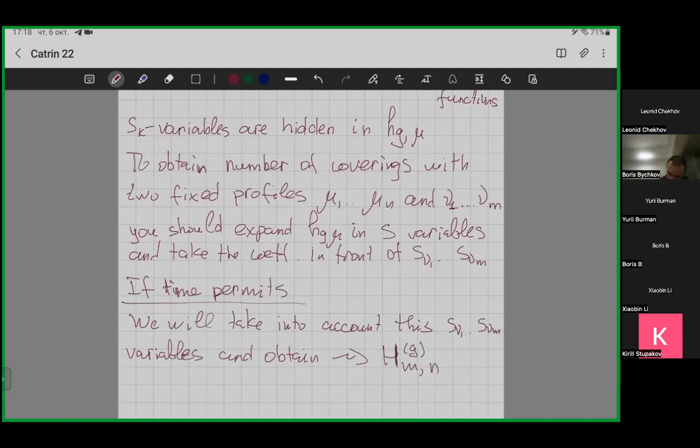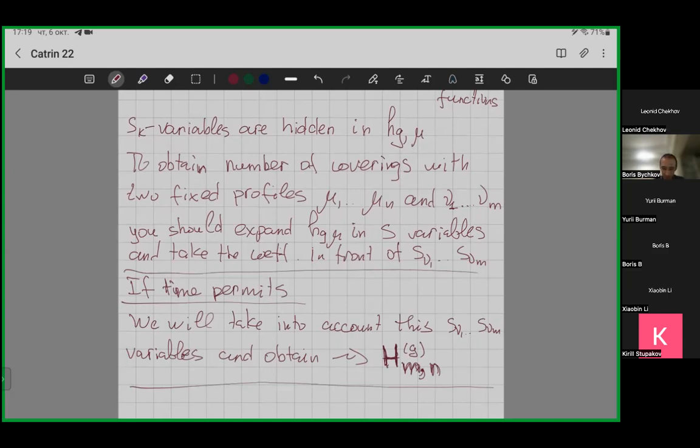This is a correlation function, a generating series, these correlation functions with two tuples of variables: first m corresponding to p or s, whichever you like, and second n. So it's the next generalization. Thank you for the question.